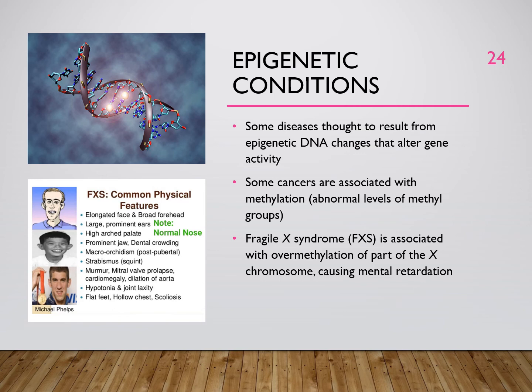So remember, transcription is that whole process of copying a segment of DNA to RNA, bringing it out into the cytoplasm, translating it, and so on, to make a protein, right? These methyl groups are predominantly responsible for silencing transcription.